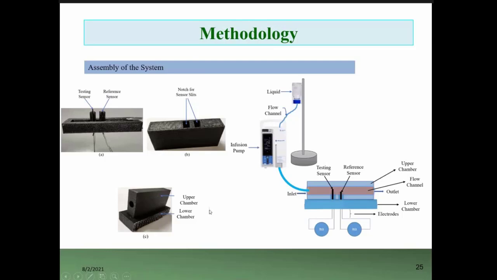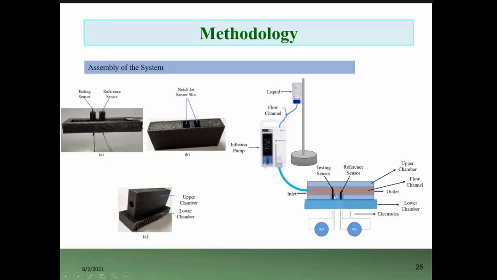So this is the final sensor. You can see the upper chamber and lower chamber. This will be assembled like this. And when I tested, I basically followed this layout. The liquid was passed through one infusion pump, from where we can provide different flow rates to check the performance of the sensor. And the output of the infusion pump was inserted inside the flow channel of my sensor.